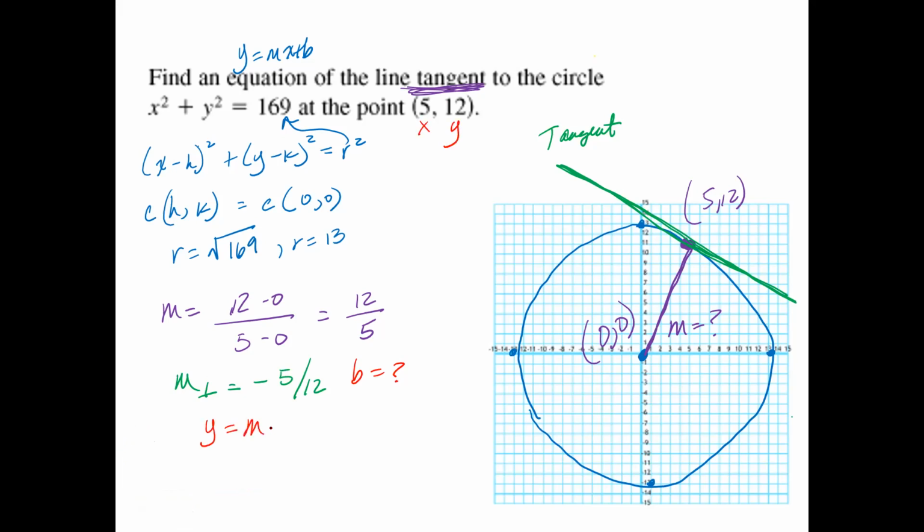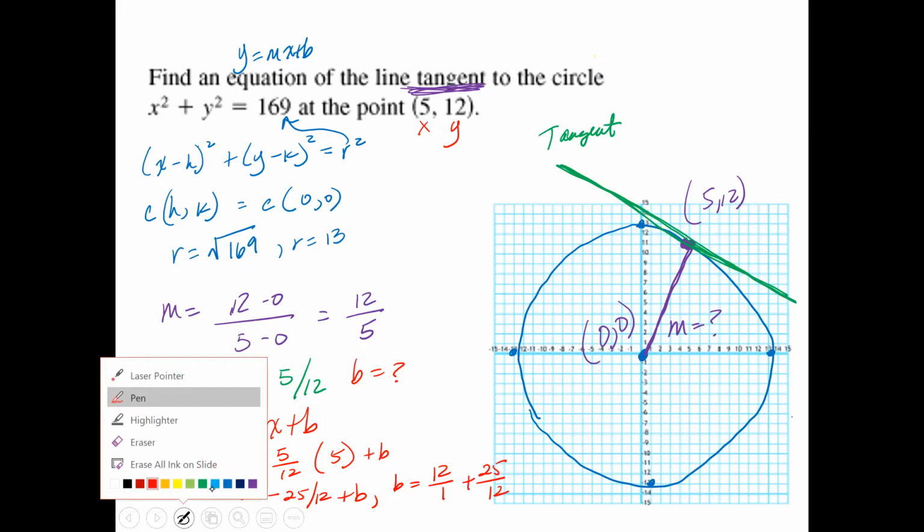Y equals mx plus b. My y value is a 12, my slope is a negative 5 over 12, my x is a 5 plus b. Negative 25 over 12 plus b. B is equal to 12 over 1 plus 25 over 12.